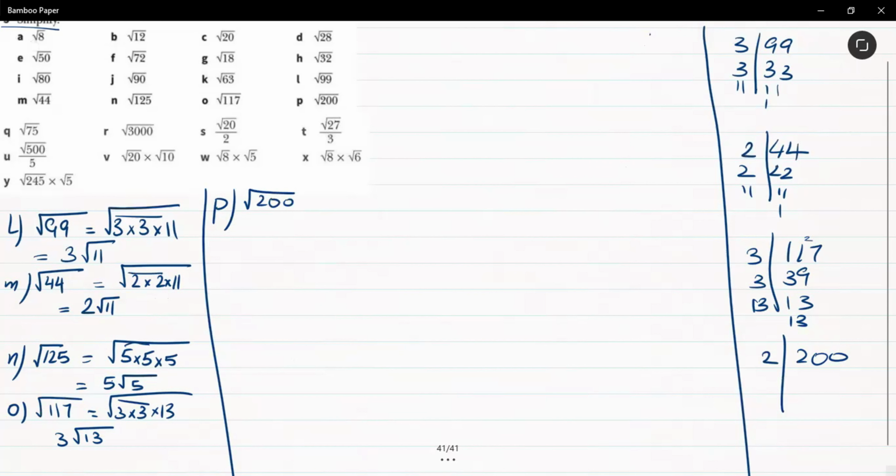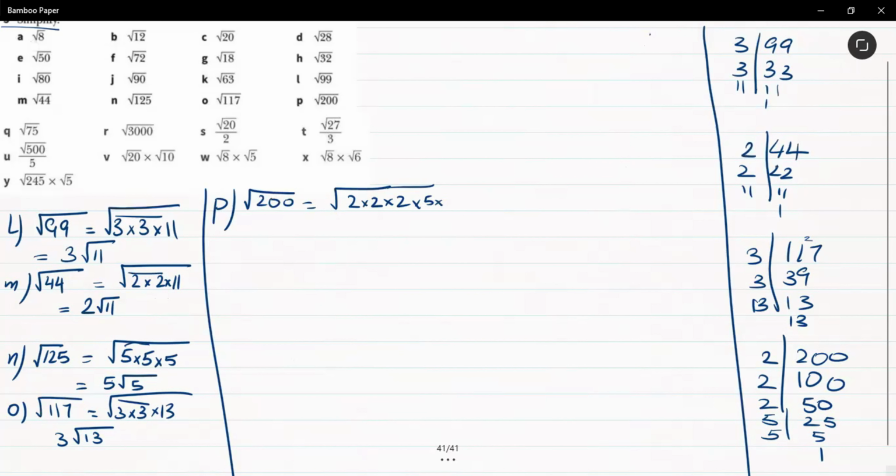So 2 10s are 20, 2 0s are 0, 2 50s are 100, 2 25s are 50, 5 5s are 25, and 5 1s are 5.